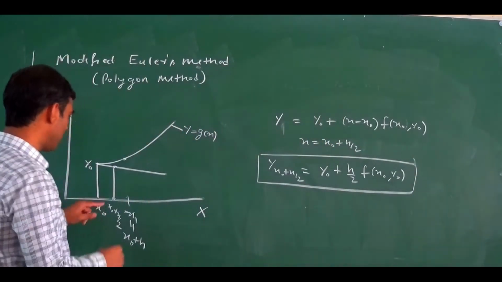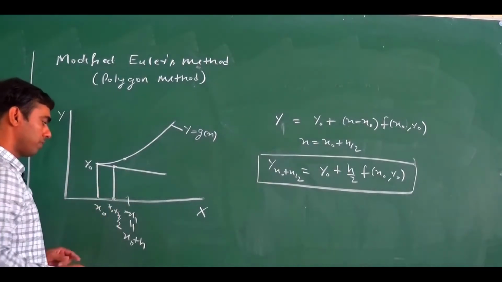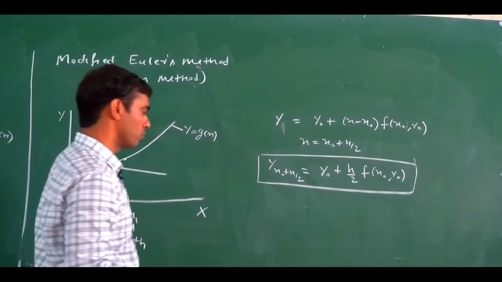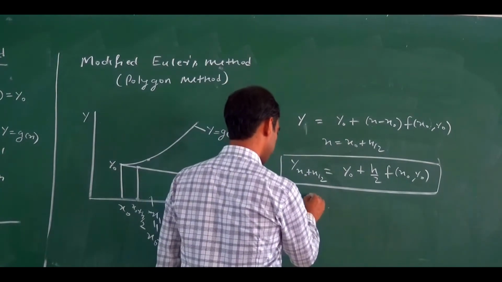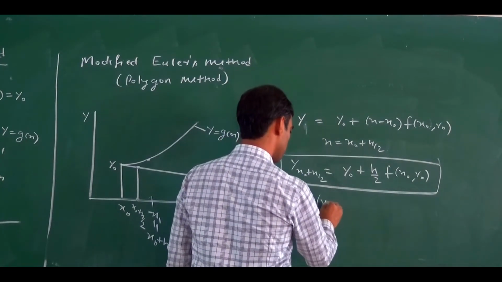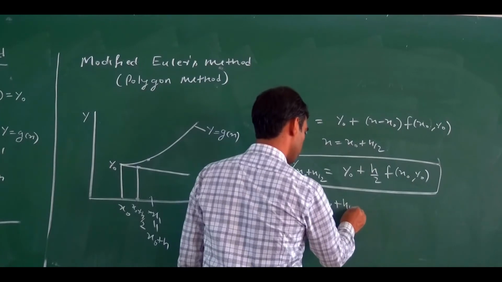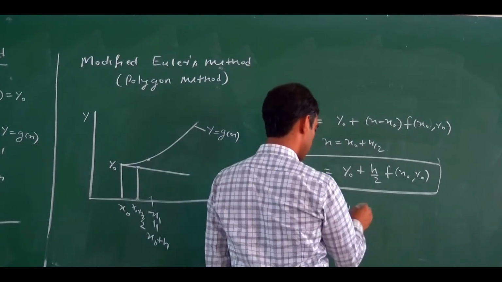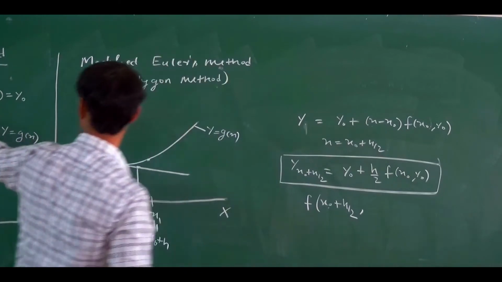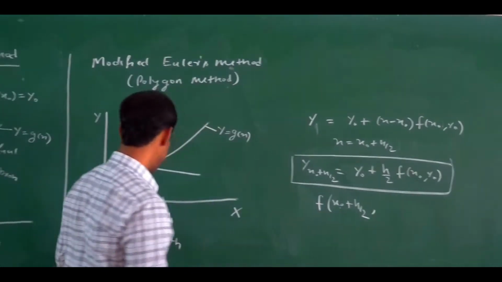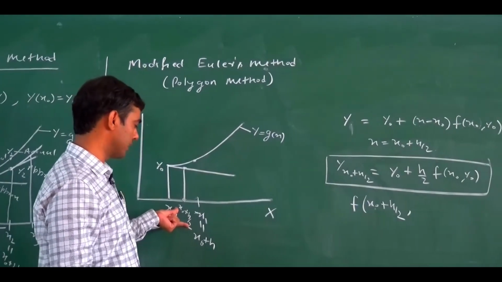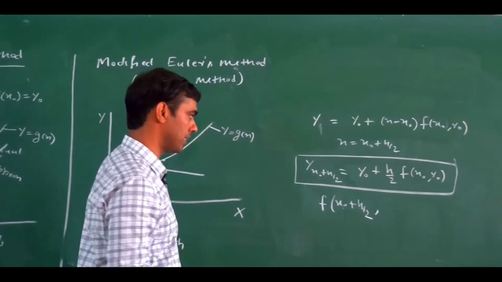Now we find the slope at this point. What is the slope at this point? Since dy by dx is f of x, y, in place of x we put x0 plus h by 2, because we try to find the slope at x0 plus h by 2.